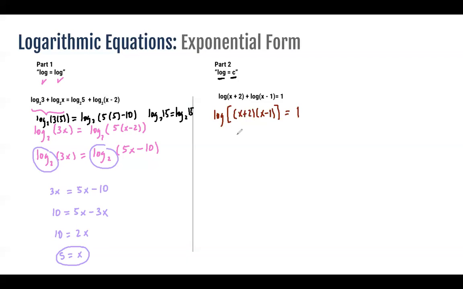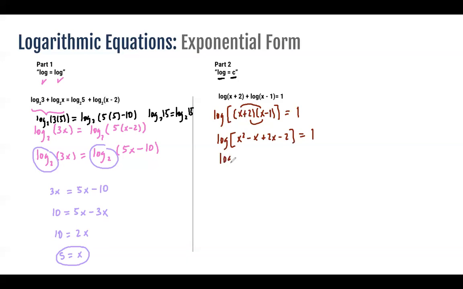That means that we have to multiply those binomials. So that's going to get you x squared, so x times x, then x times minus 1 is minus x, 2 times x, and minus 2.